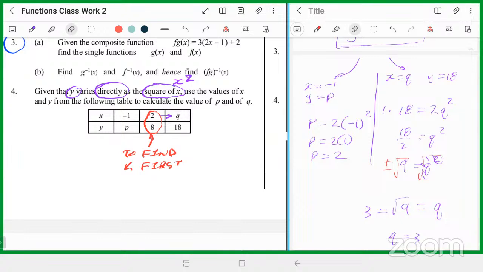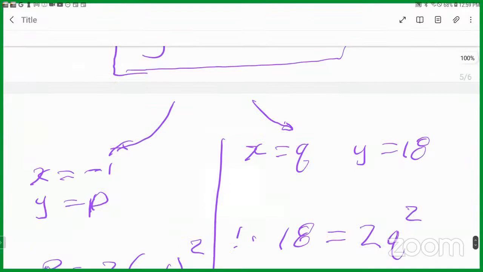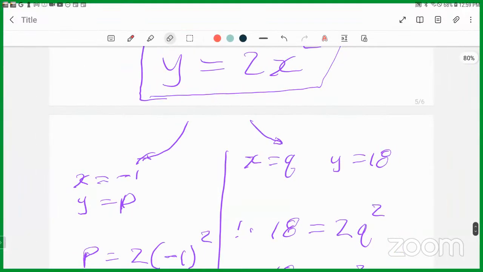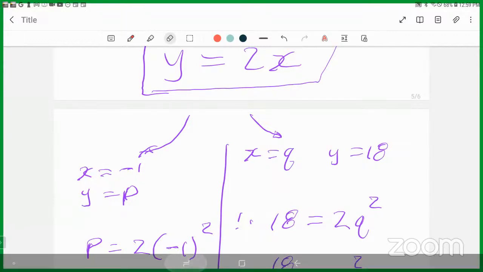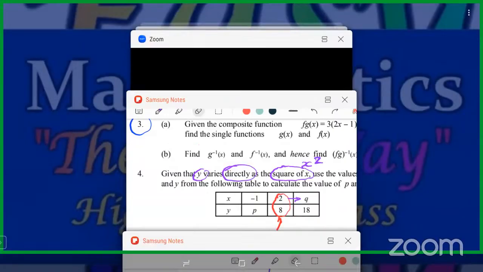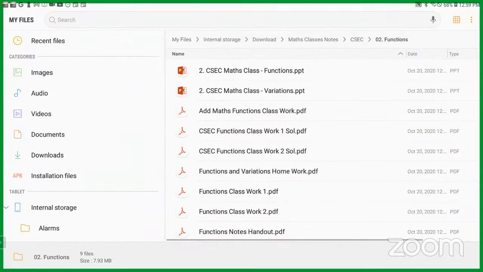Yes, I didn't do this question. All right, so let me bring up that question, 2023 question 4, and then we might see if we can do a few other questions just to use up the time. See if I can find it. It's somewhere. CSEC.